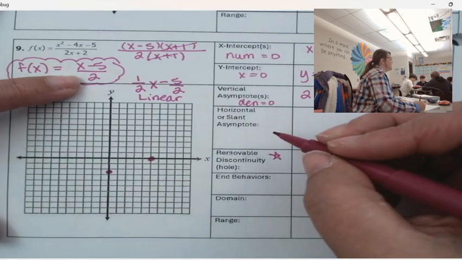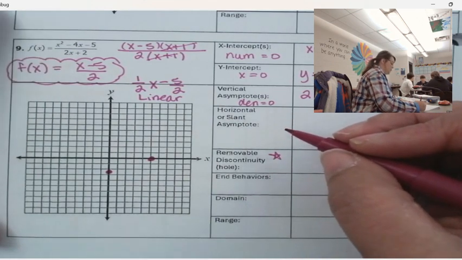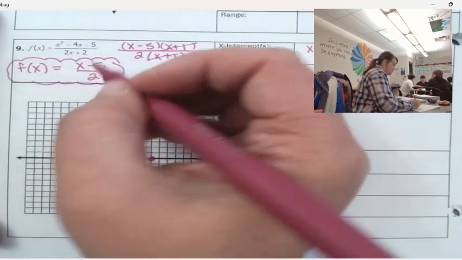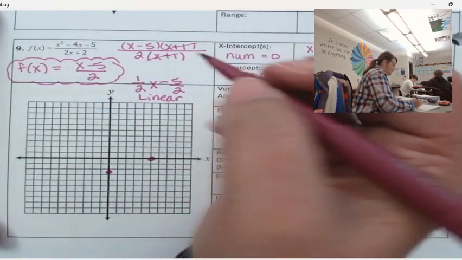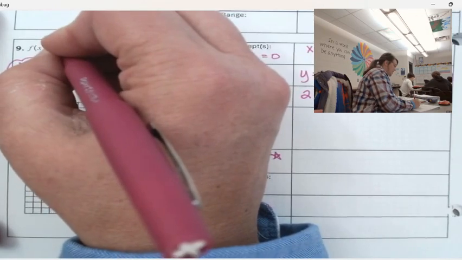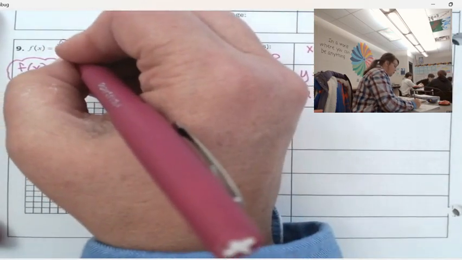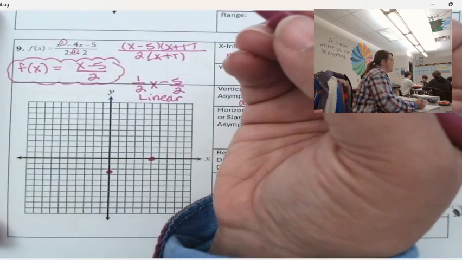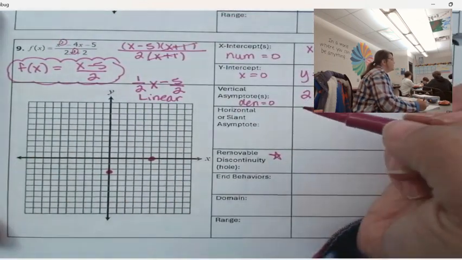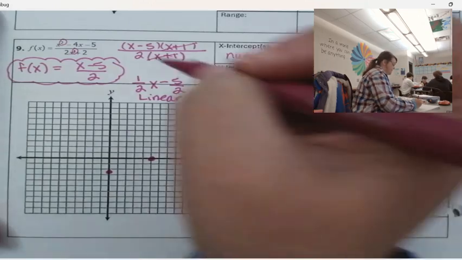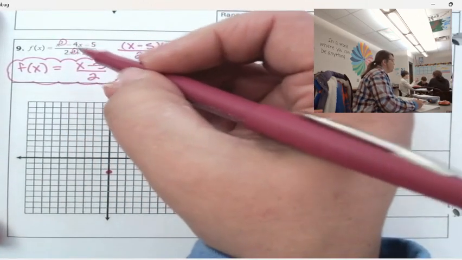Okay, horizontal or slant asymptote. This is when I look at my exponents, and it doesn't matter if you go back to the original or to your simplified one. If you look at the original, the exponent on top is a 2. The exponent on the bottom is a 1. So if you're confused about Bobo Botten Eats DC, look up at the board right now and look at what I'm looking at.